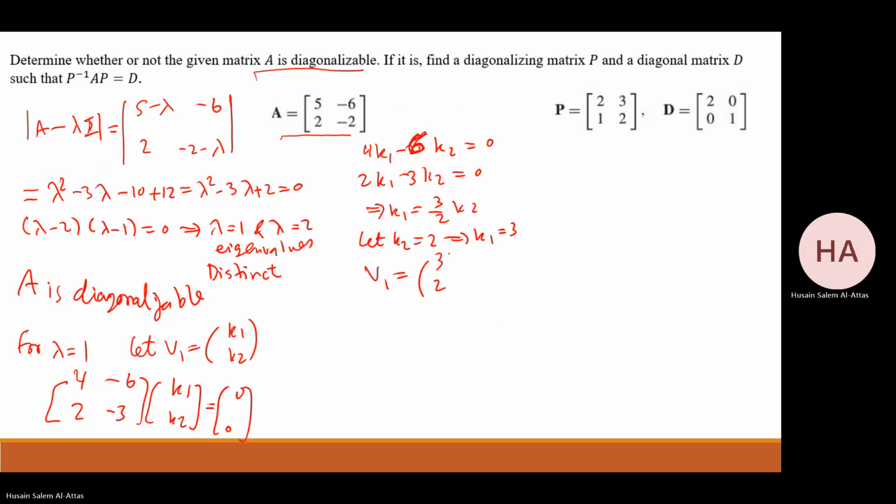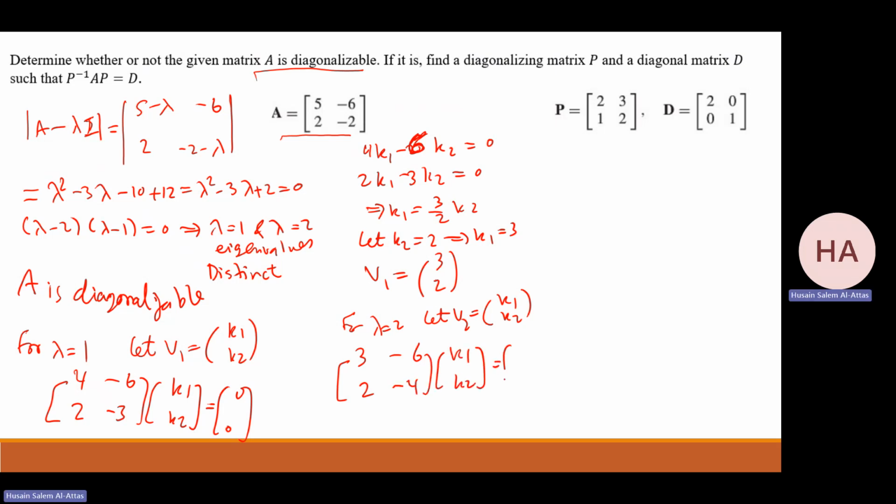3 and 2. Now for lambda equal 2, what I'm getting? Let V2 now be K1, K2. Solve the system. I have 3, minus 6, 2, minus 4, times K1, K2 equals 0, 0. I'm getting 3K1 minus 6K2 equals 0 and 2K1 minus 4K2 equals 0.